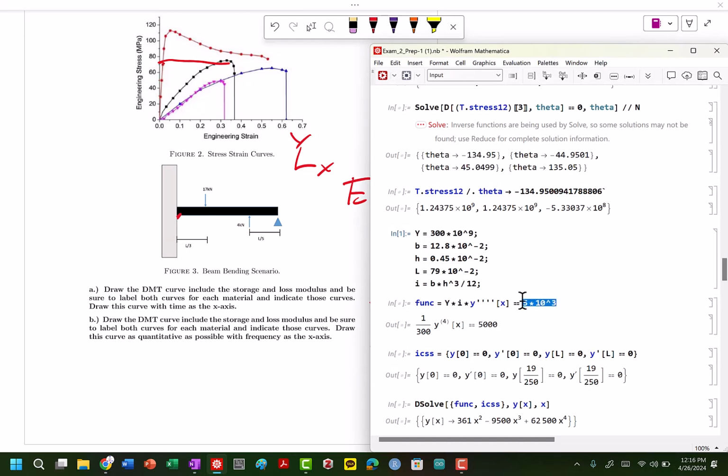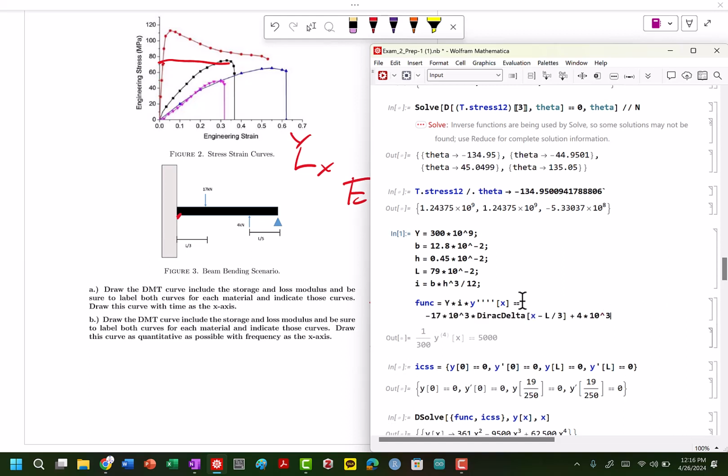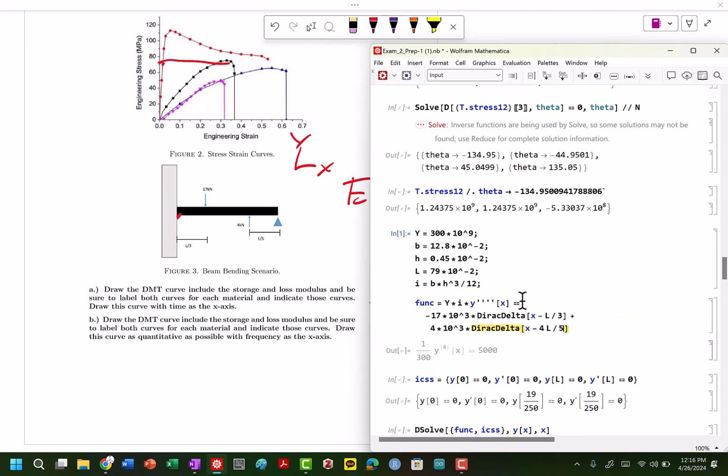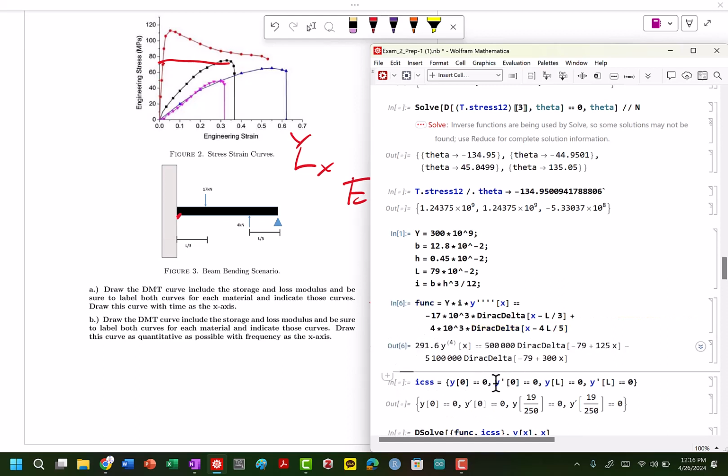So minus 17 times 10 to the 3, times Dirac delta x minus L over 3, plus 4 times 10 to the 3, times Dirac delta of x minus 4L divided by 5. That's our function. Y of 0 equals 0, y prime of 0 equals 0, y of L equals 0, y double prime of L equals 0 because of that moment.